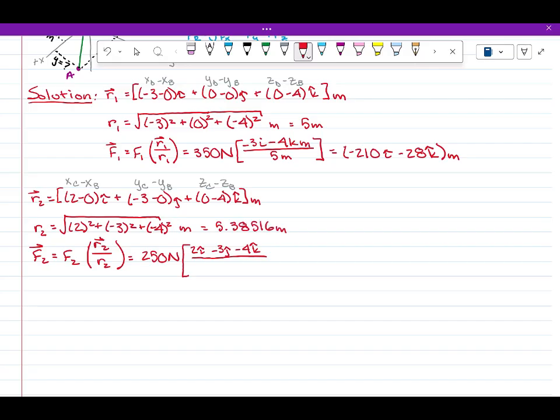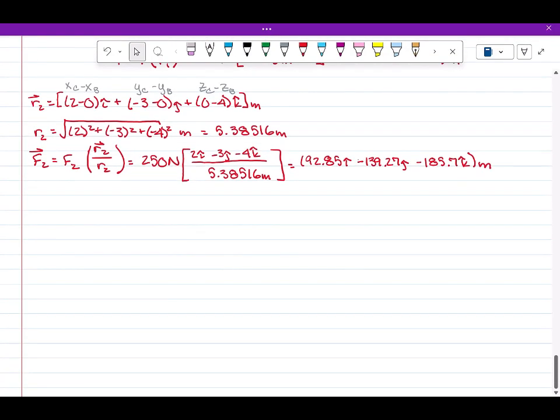Therefore, we can then write F2 in its vector format. The vector format is equal to 92.85i minus 139.27j minus 185.7k. All this is in newtons.